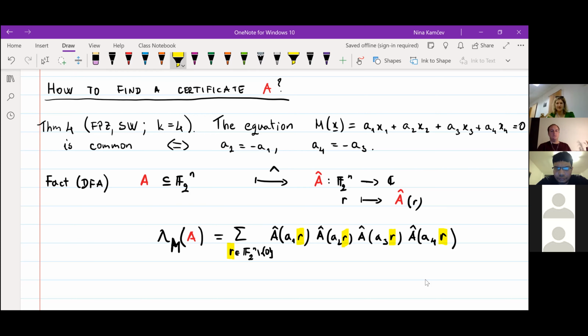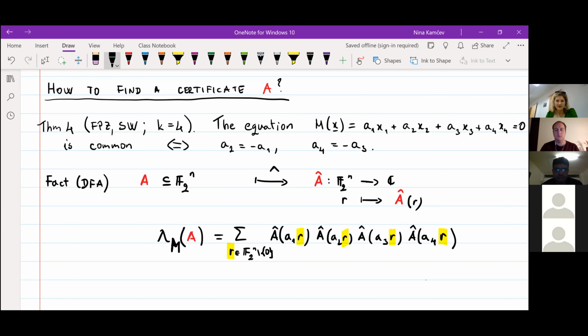So it's a fairly structured function of the Fourier coefficients of A. This is one important property of the Fourier transform that we need. And that's why you can think of it as a kind of change of basis, a bit like diagonalizing a matrix. You switch to a different basis and suddenly your problem becomes much simpler.